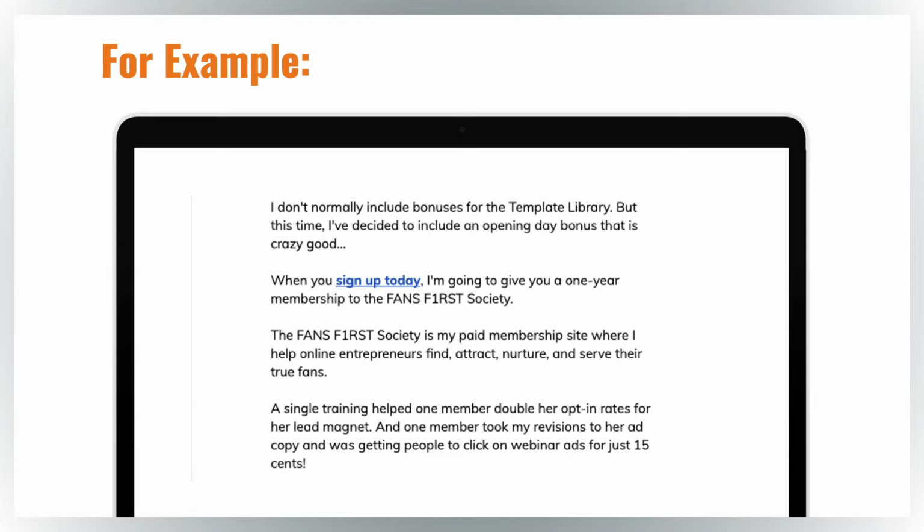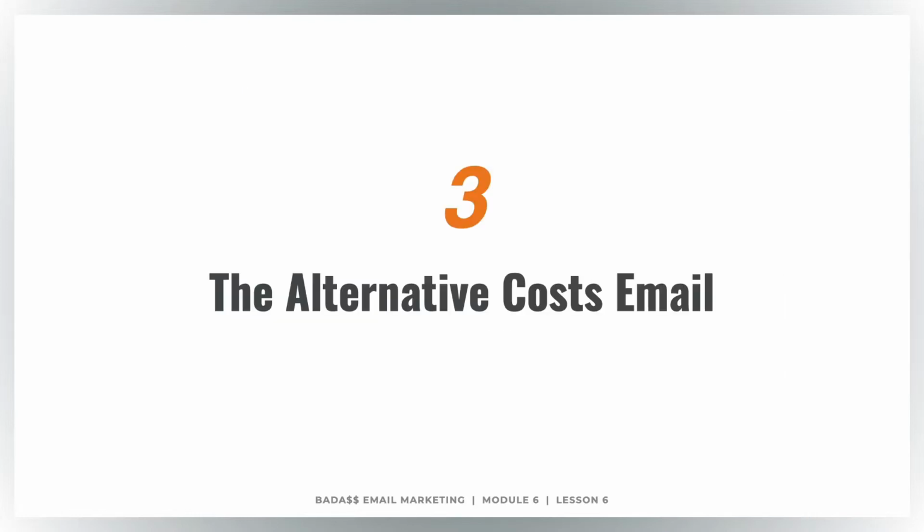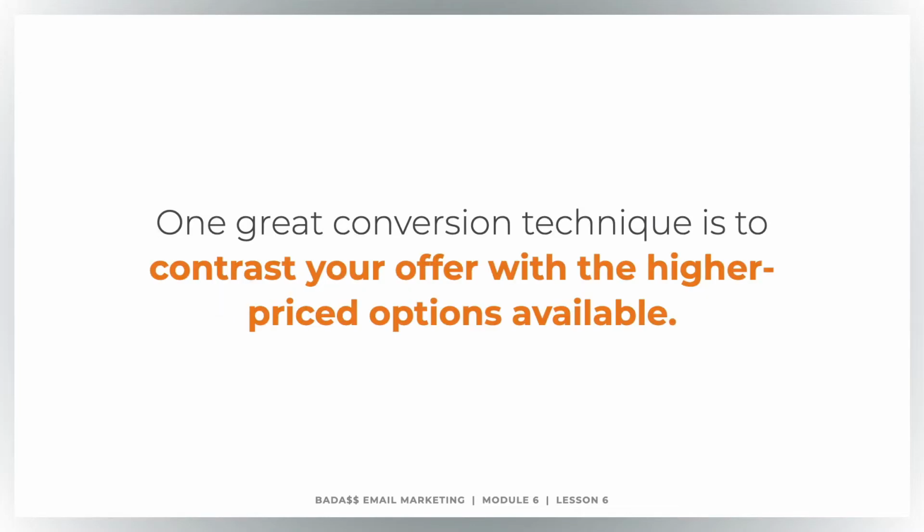So that's your value load email. Now let's talk about the alternative costs email. One great conversion technique is to contrast your offer with the higher priced options that are available. You're doing something called price anchoring.